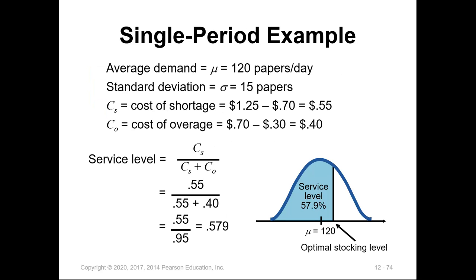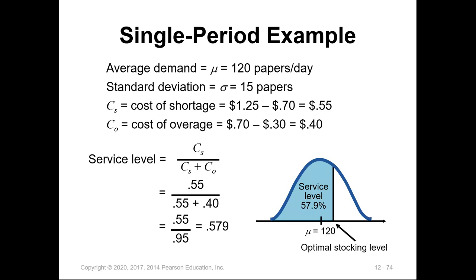So if the average demand mu is equal to 120 papers per day, and the standard deviation sigma is equal to 15 papers, the cost of shortage is equal to $1.25 minus 70 cents, which is 55 cents, and the cost of overage is equal to 70 cents minus 30 cents, which is 40 cents.